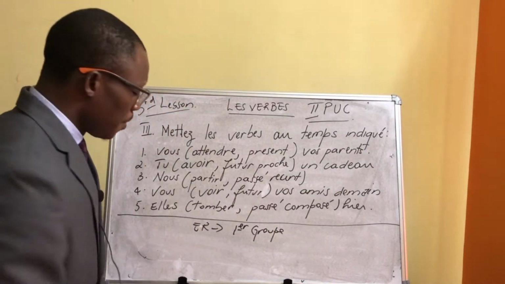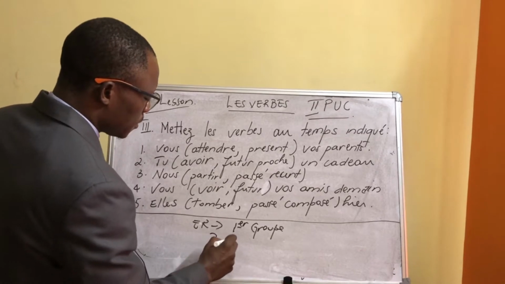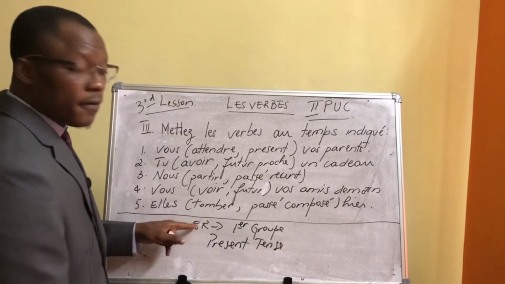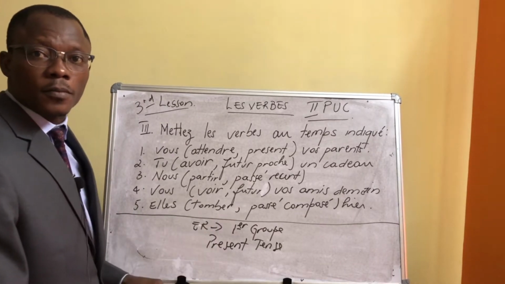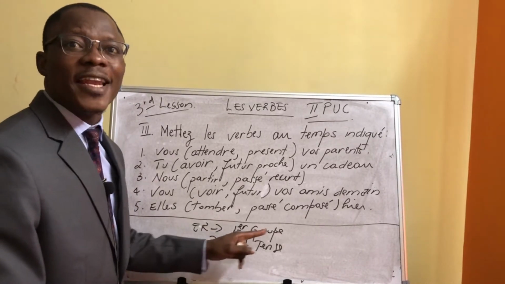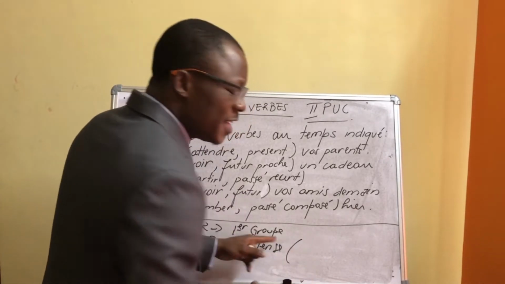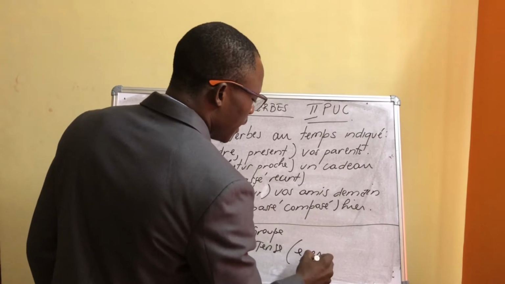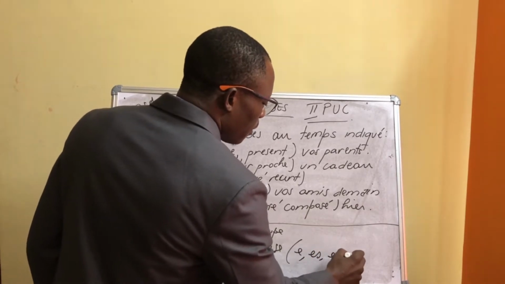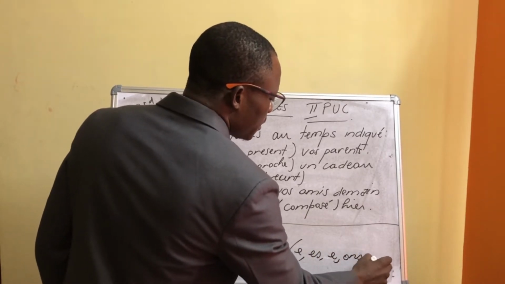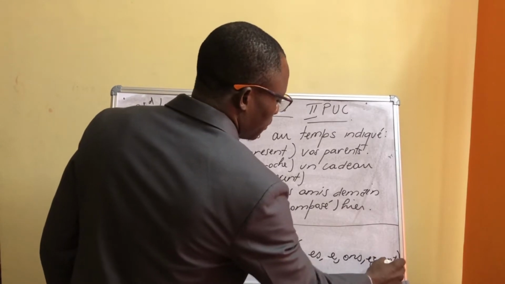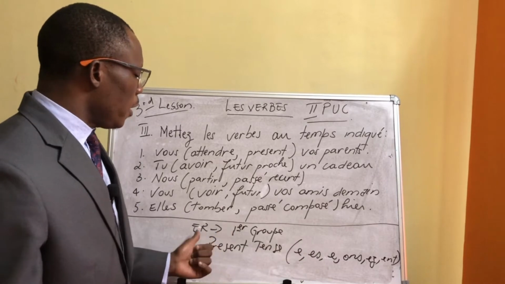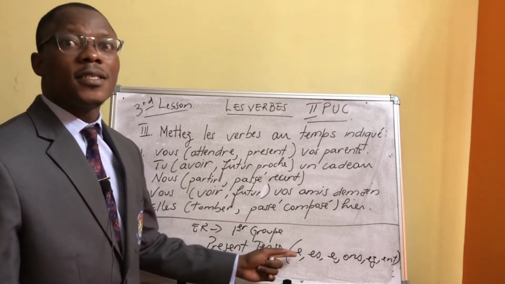This means in the present tense of the mode indicatif, all these verbs will end with E, ES, E, ONS, EZ, ENT. This is the pattern of all these verbs in present tense.